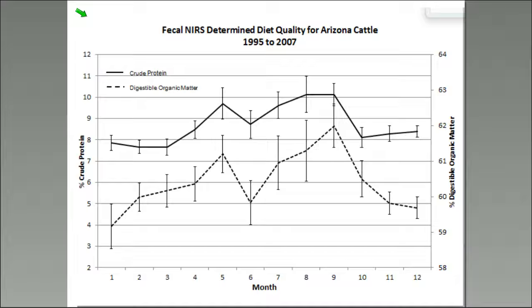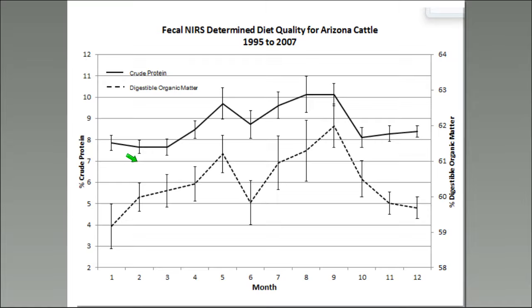So in this graph, again from Arizona, over about a 12-year period, 15, 20 ranches a month sampled during this time period. Crude protein is depicted in the solid line, digestible organic matter in the dotted line. And you can see a very similar curve here to what I showed you from the plant material that was collected in Arizona.